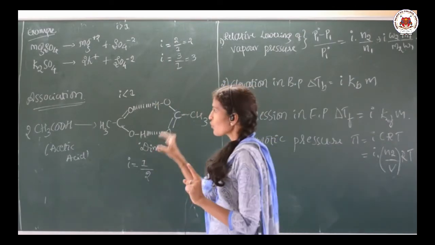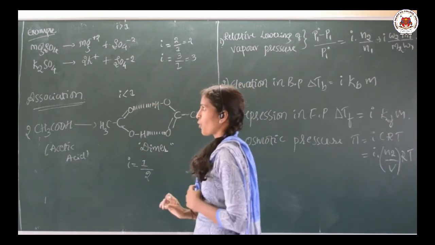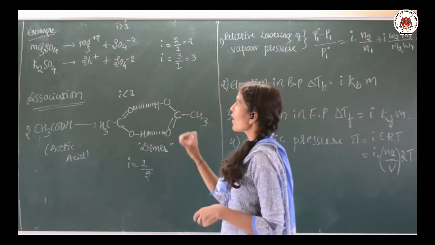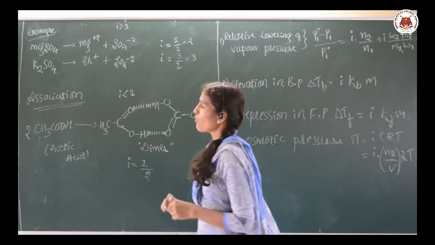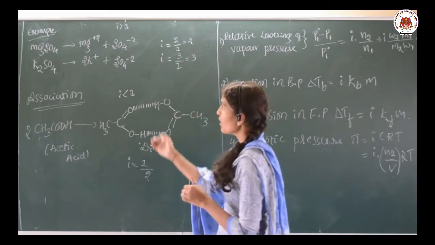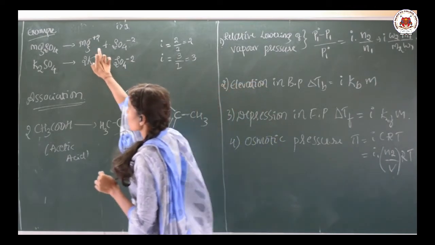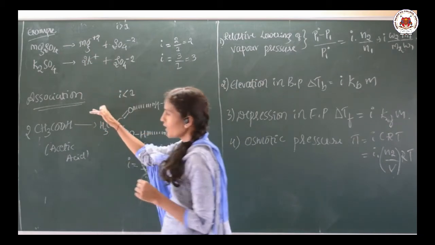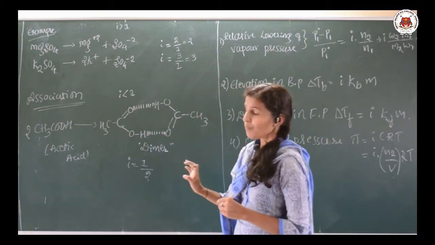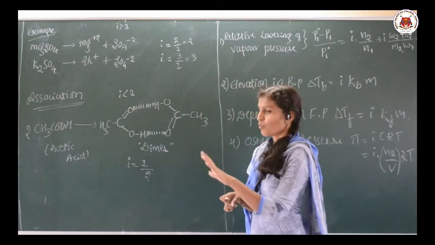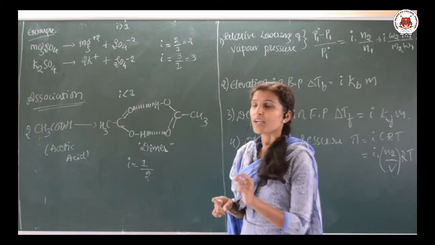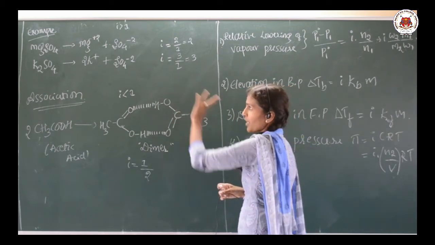Okay. So, this is a very important part of the topic, that is, the Van't Hoff factor and calculating its value for the different examples which undergo dissociation and association. Clear? As we know, the Van't Hoff factor accounts for the extent of association or dissociation.